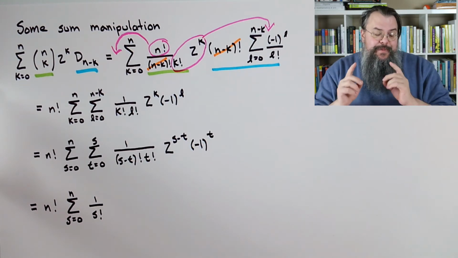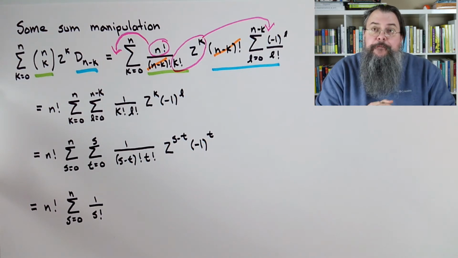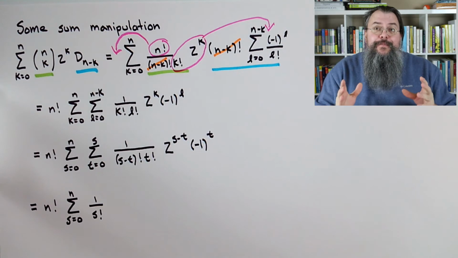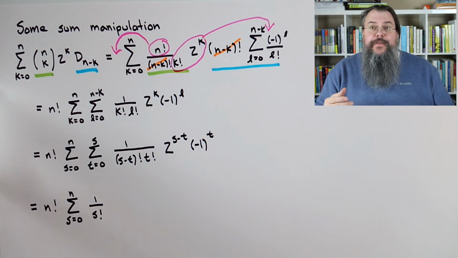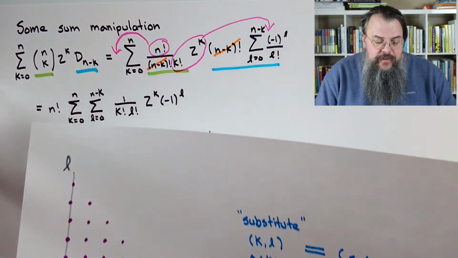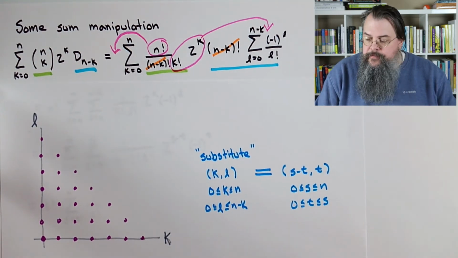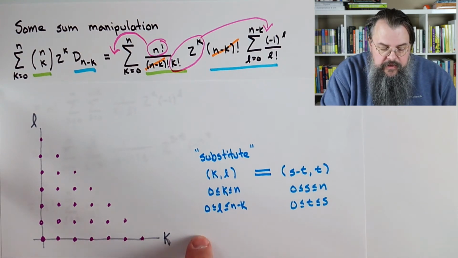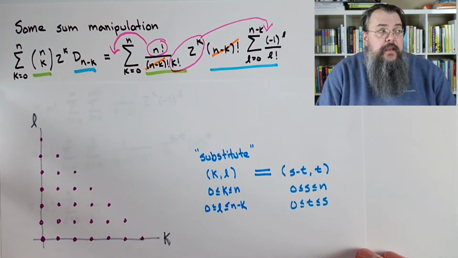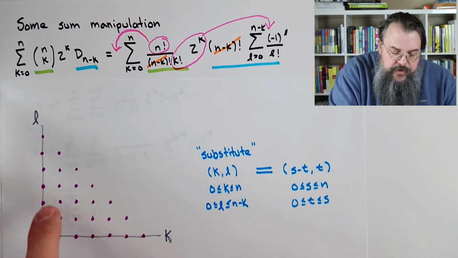But we could do even better still, and that's going to be the key. How do we go about going even better? For that, we're going to have to do essentially what we would think of as substitution. So let's take a look at what we have. What's going on here? We can think of it as our k and our L. As k and L run over the indices, they run over these individual points.